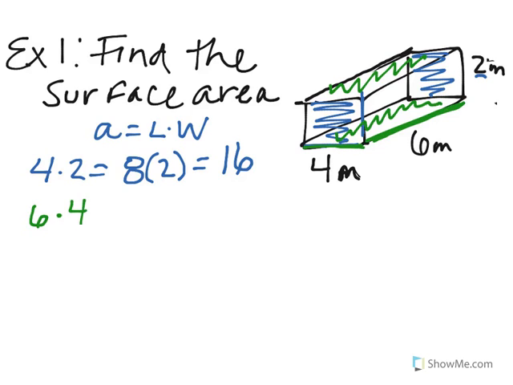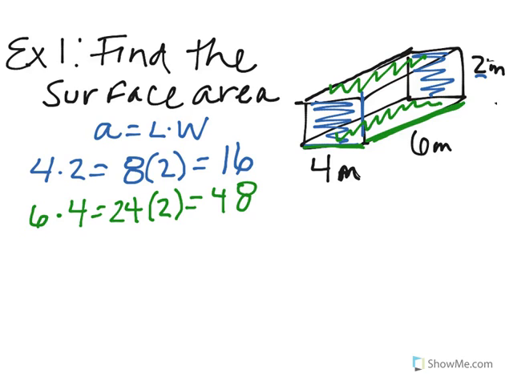So 6 times 4 equals 24. Again, because I have a top and a bottom, I have 2 sides of my prism, so I'm going to have to multiply by 2 too. And 24 times 2 is 48.